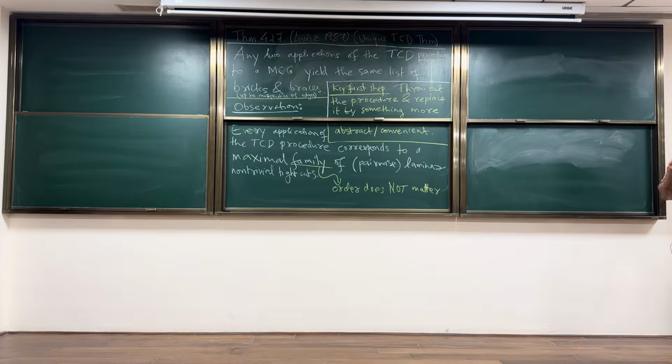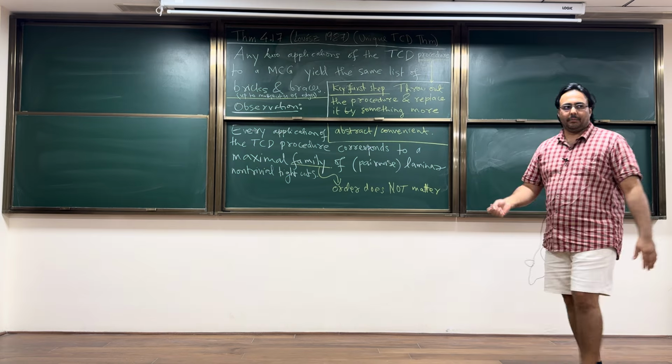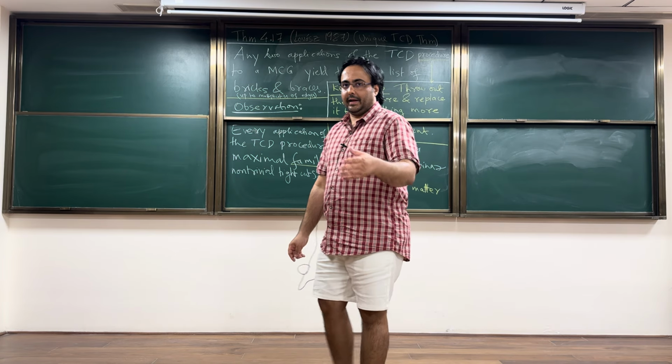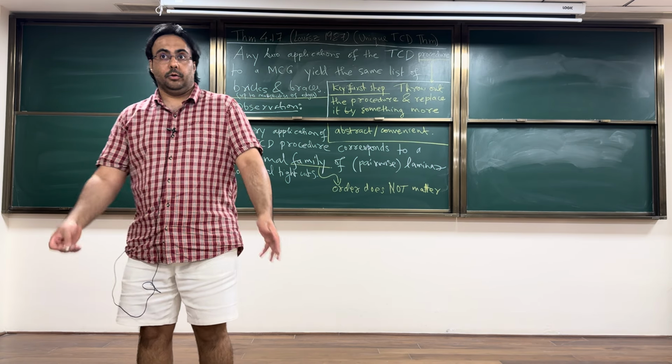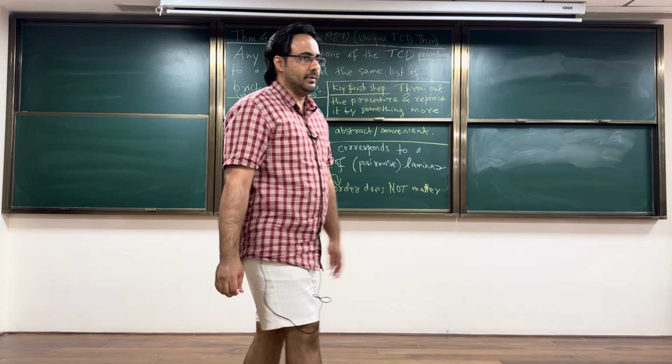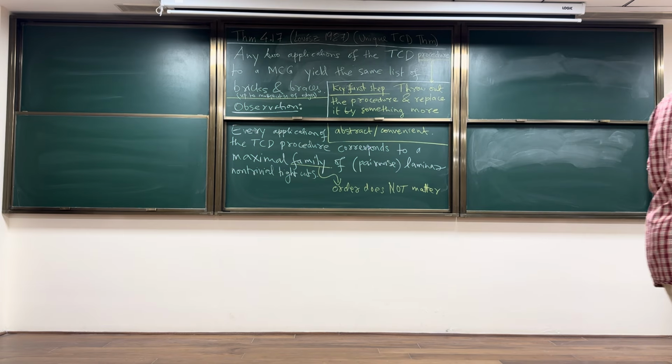For the vice versa, the sequence in which you apply the tight cuts doesn't really matter. If I give you a family of tight cuts, you can apply them in any sequence you like, you will get exactly the same list of graphs, including multiplicities. Everybody agrees with that? Okay, so that's the key point.